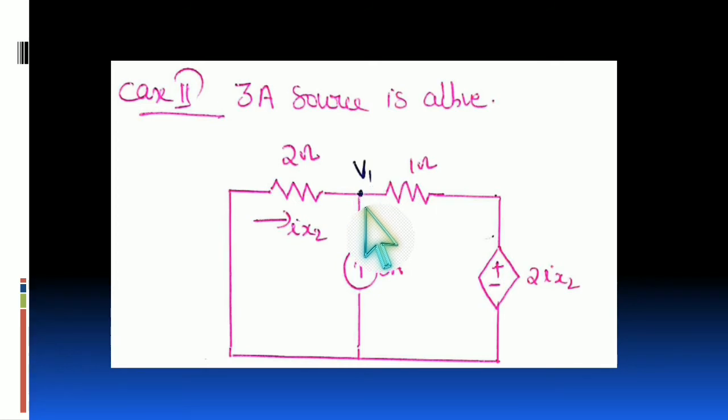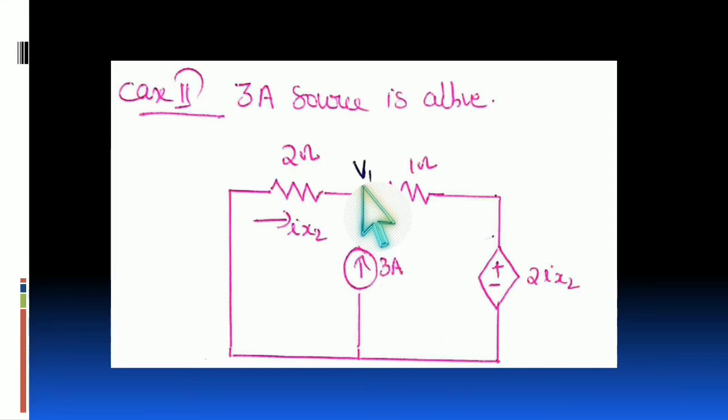Let us mark this as node V1, and this is our reference node, which is assumed to be at zero potential. Now we are going to write the KCL equation at this node. By KCL, or Kirchhoff's current law, the sum of currents entering a node is equal to the sum of currents leaving that node.